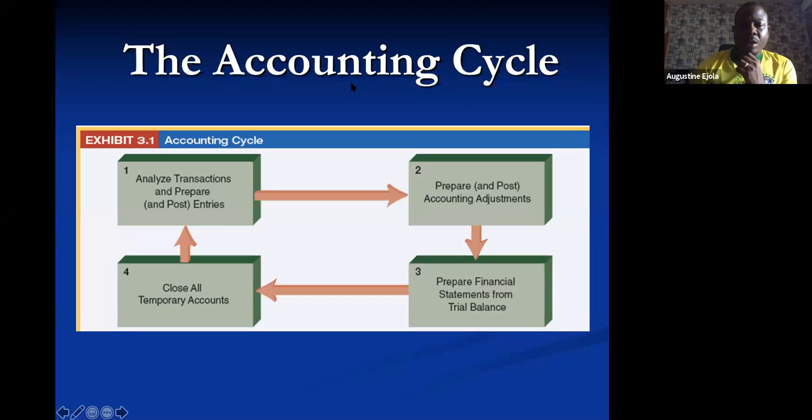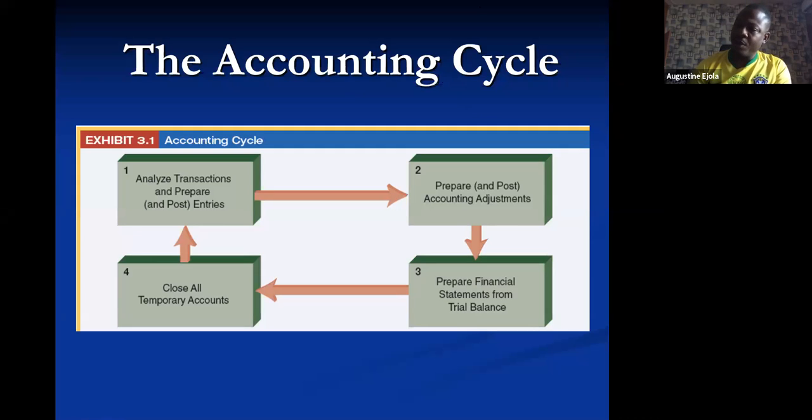Okay, so you do the analysis, understand the analysis, and on the basis of that, you make your posting. And like we've established, in your posting, there will be some level of adjustments. And these adjustments are coming because of the basis on which you are preparing the account that we have established.